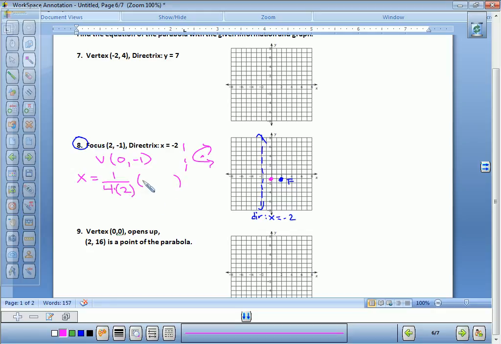Okay, then it's y minus the y value, which makes it a +1, because minus a -1 makes a +1. And then plus the x at the vertex. Do I need to write +0? No. So really all I need is x equals 1/8 y plus 1 squared.